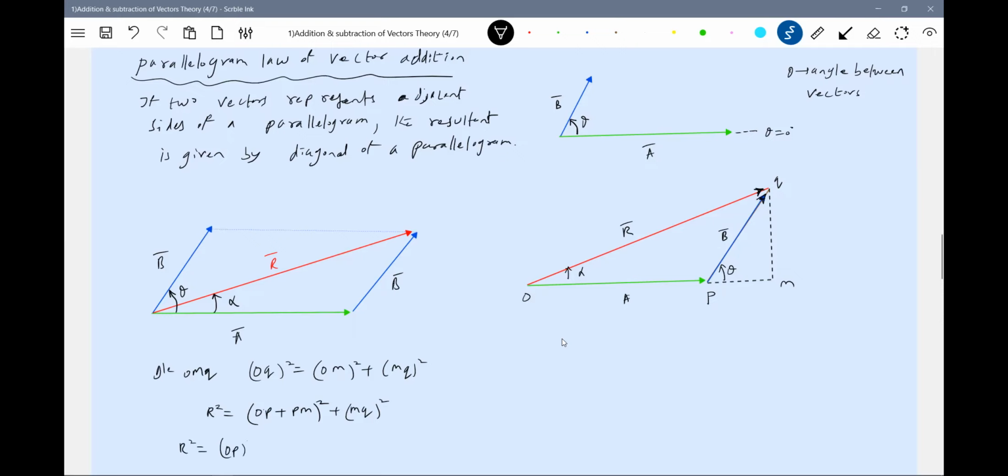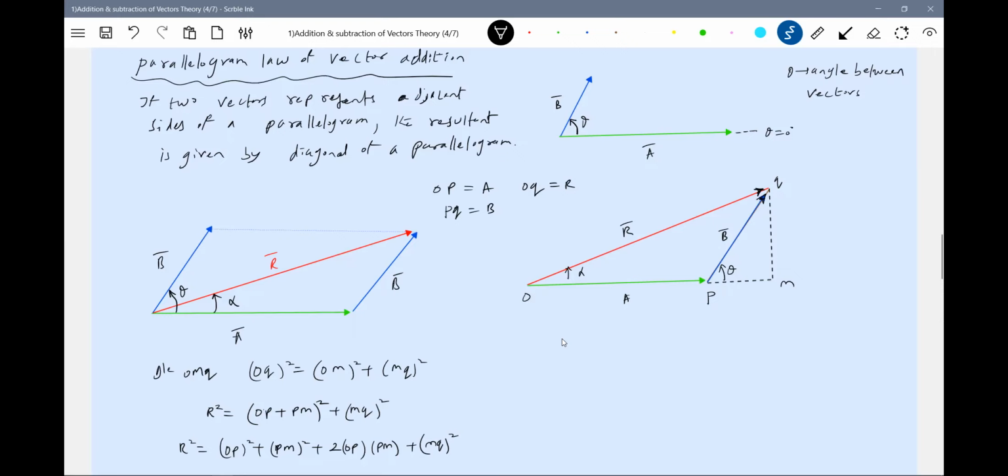This I'll expand: OP square plus PM square plus 2 OP PM plus MQ square. Here, OP is equal to A, PQ is equal to B, and OQ is equal to R.